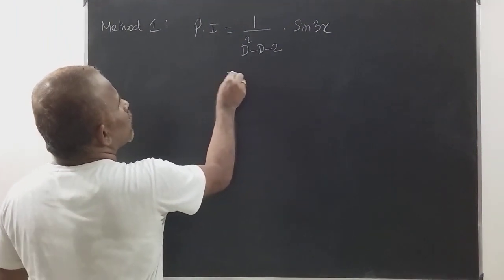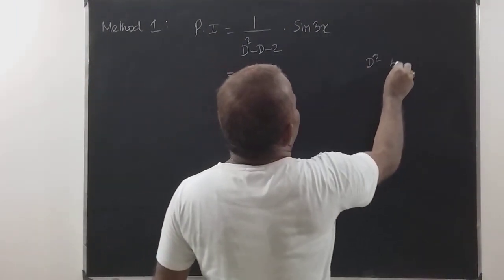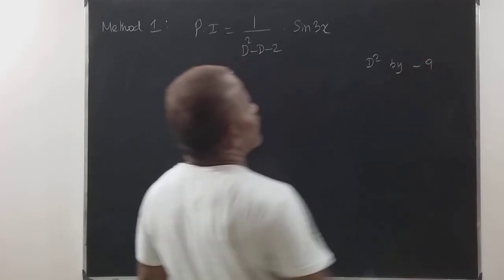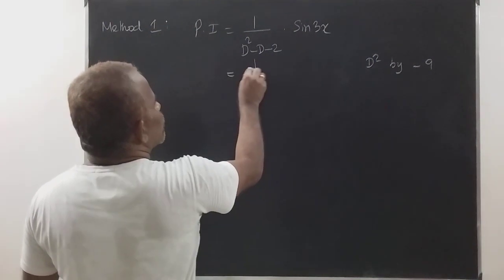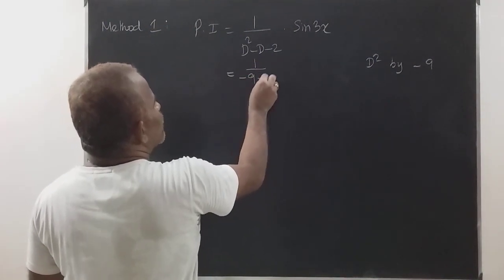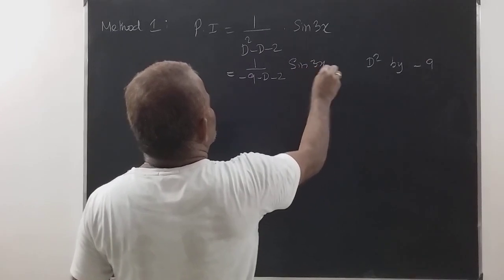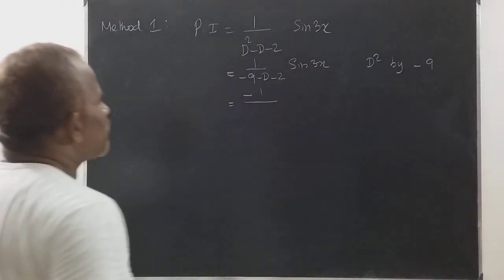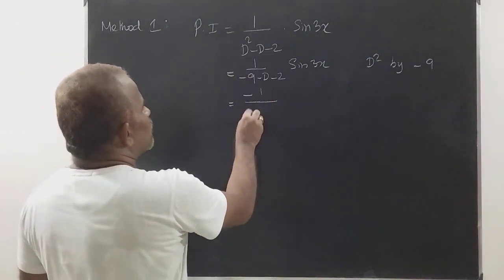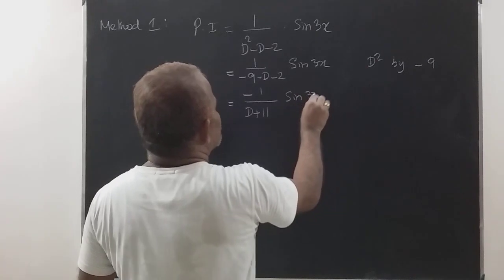Here, as I said, d squared is replaced by minus 9. So therefore, 1 by minus 9 minus d minus 2 into sin 3x. So this is equal to minus 1 divided by d plus 11 into sin 3x.